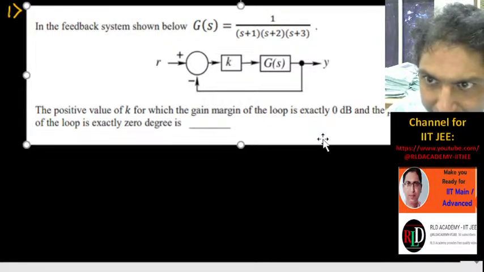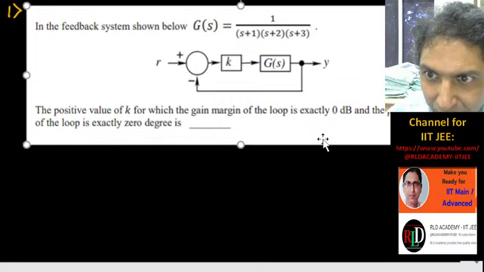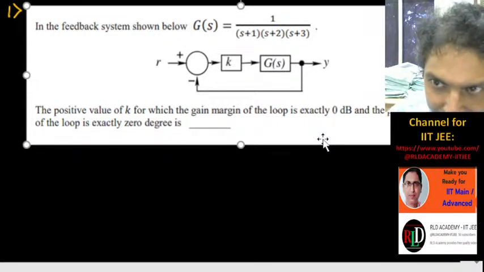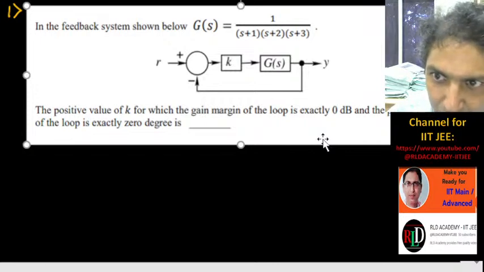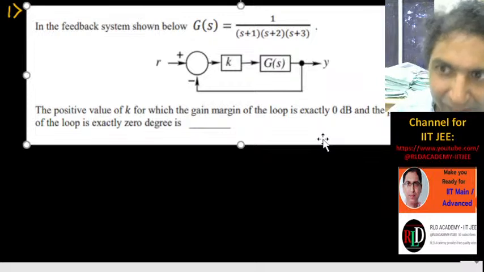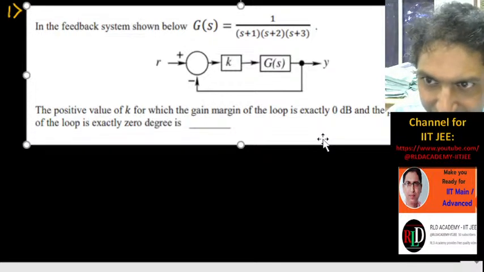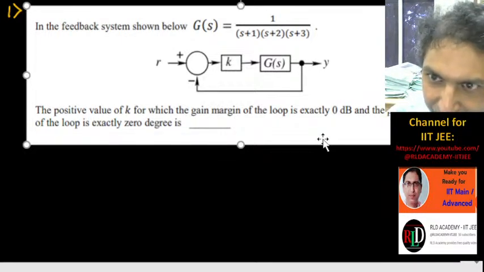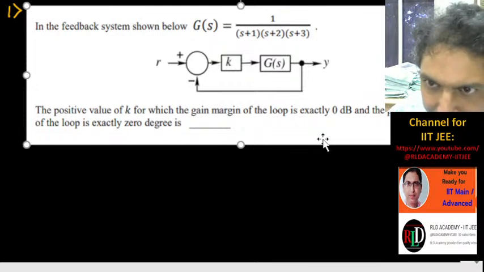Here we have one system. The forward gain G of S is given as 1 upon S plus 1 times S plus 2 times S plus 3, and K is given. K is a proportional controller, you can say, the gain of this proportional controller.